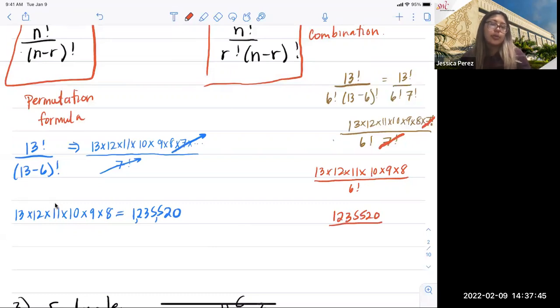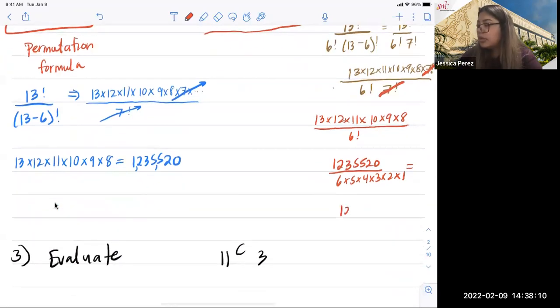So 6 factorial is 6 times 5 times 4 times 3 times 2 times 1, which is 720.